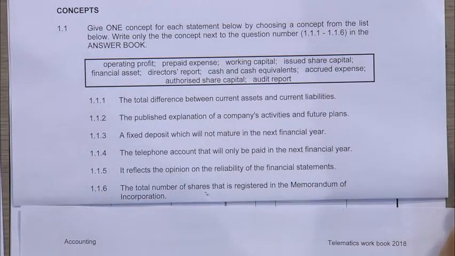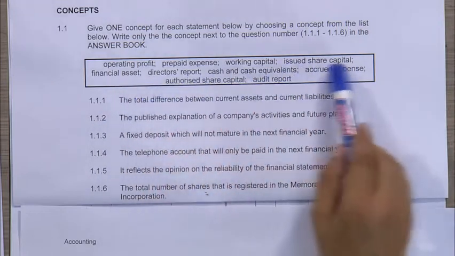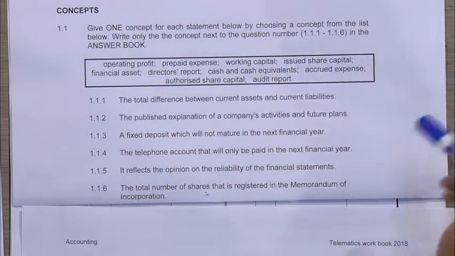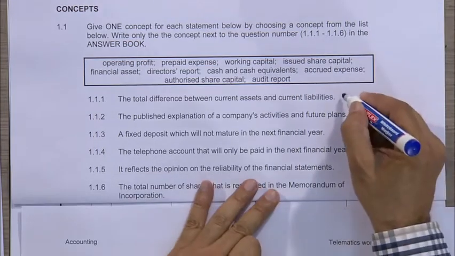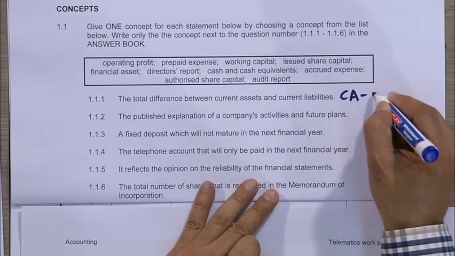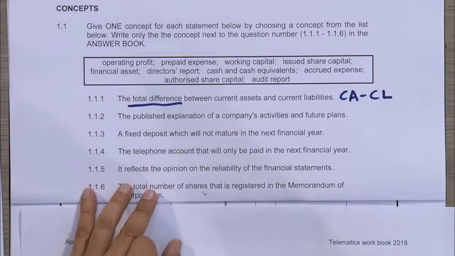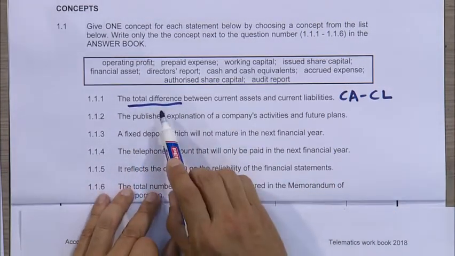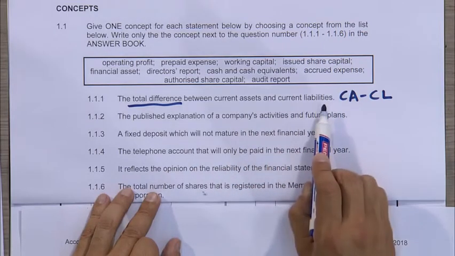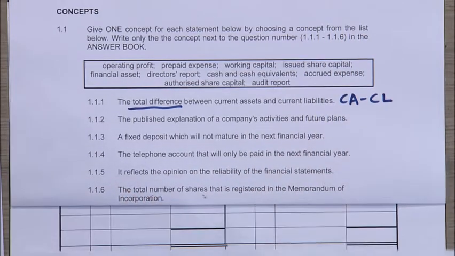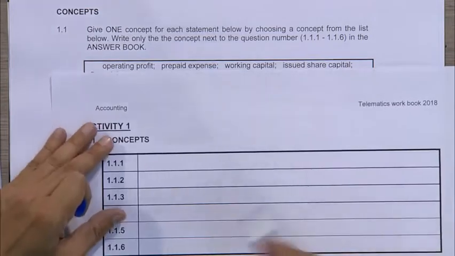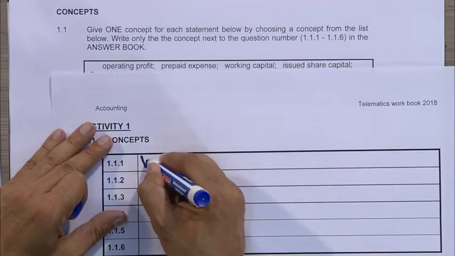Question 1.1.1 says the total difference between current assets and current liabilities. If I look at the options available, it is current assets minus current liabilities, because they're talking about the difference. Current assets minus current liabilities is what we know as working capital.